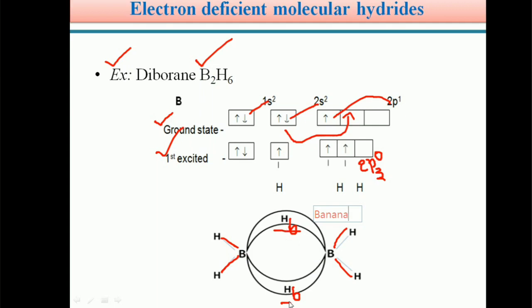So two bridged bonds and four terminal boron hydrogen bonds are present in diborane, and the bond between boron and hydrogen is covalent. This is the example for electron deficient molecular hydride.